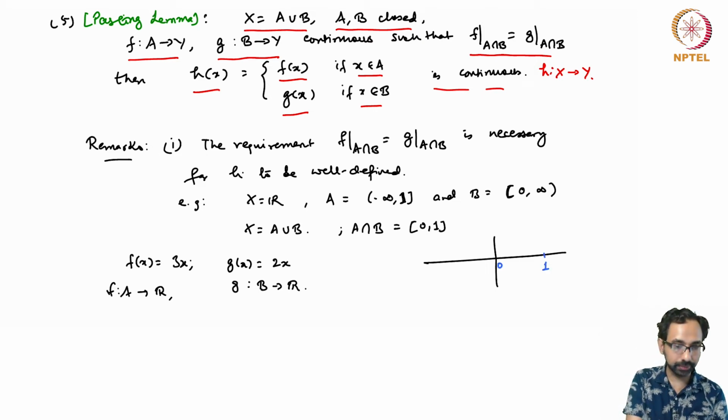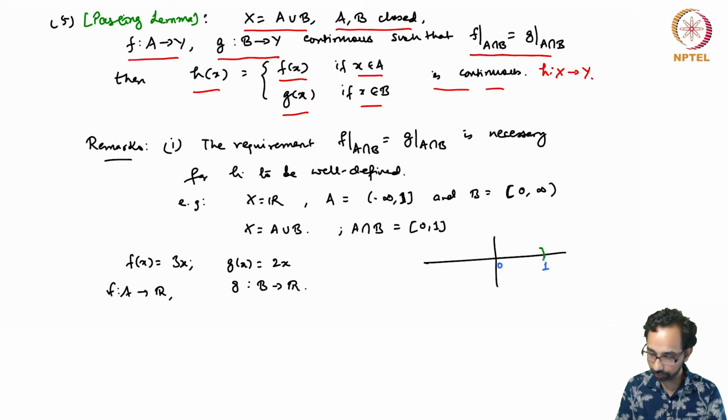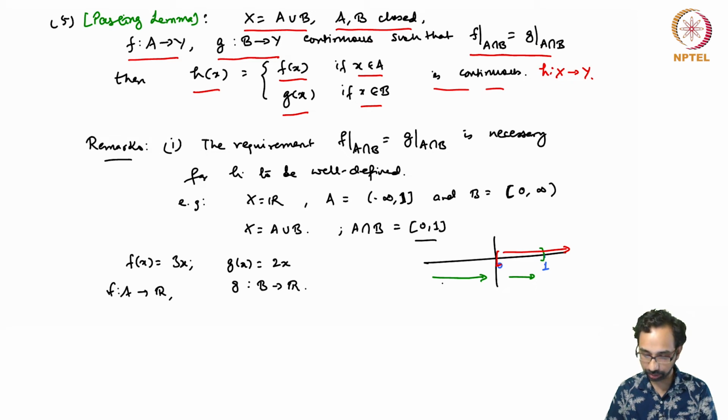So A is the interval from minus infinity to 1, and B is the range from 0 to infinity. So the intersection is precisely the closed interval 0 to 1. And now if you look at the function 3x, then it is something like this. You have this function f(x) here, and on the other hand g(x) is a function which looks like this.